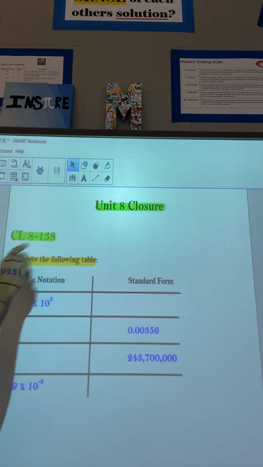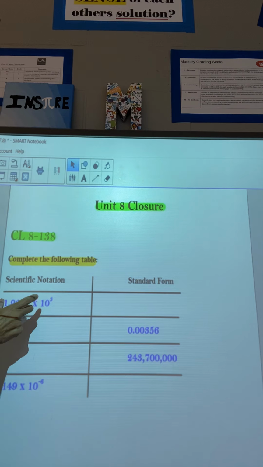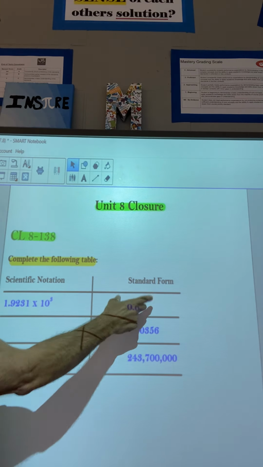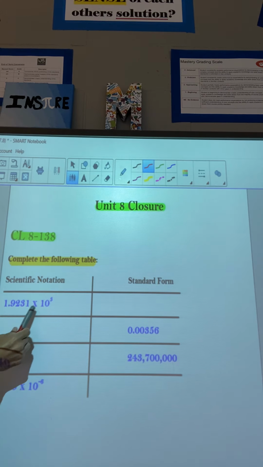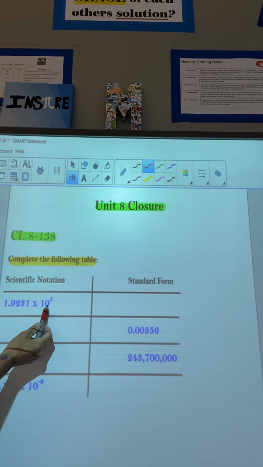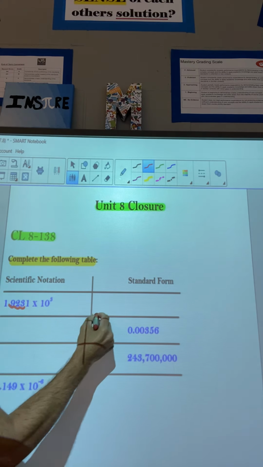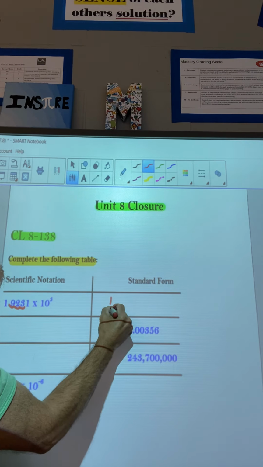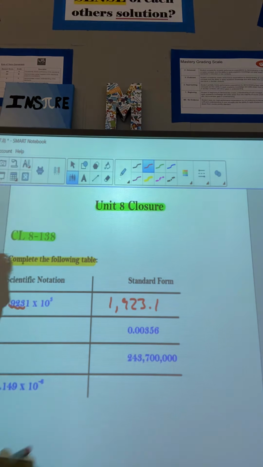Okay, 8-138, scientific notation and standard form. We want to take it from scientific notation, put it into standard form, and keep flip-flopping those. So I've got 3 places I need to move this. So this is times 1,000, 3 zeros. If we're going to move it 3 places, 1, 2, 3, we get 1,923.1.